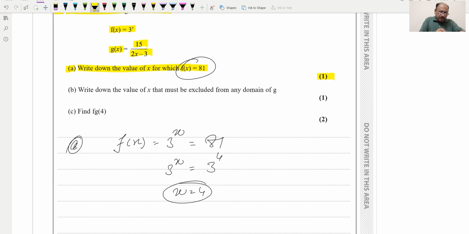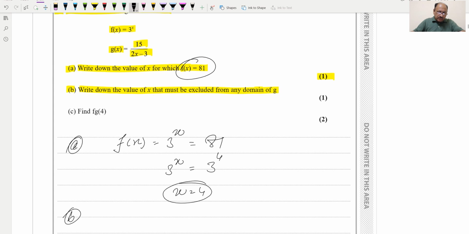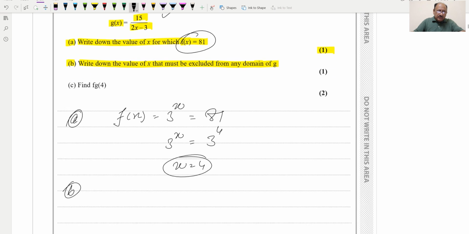Part b says write down the value of x that must be excluded from any domain of g of x. Here g of x is equal to 15 over 2x minus 3.